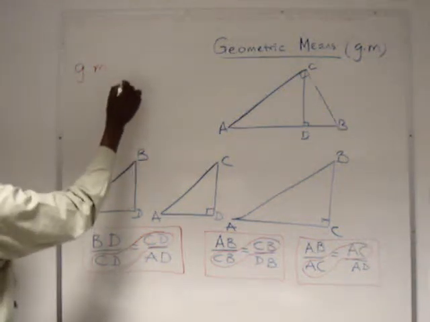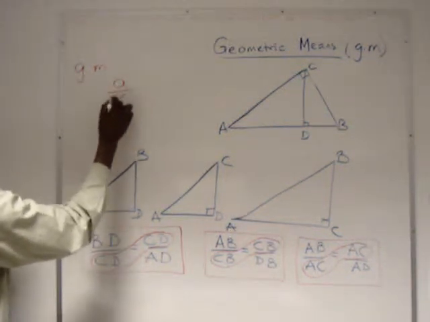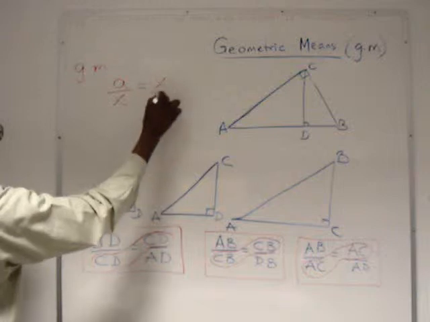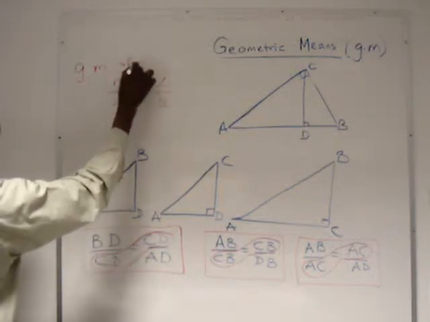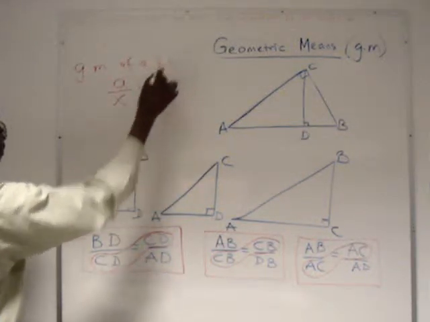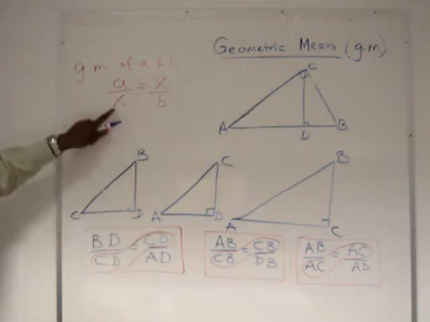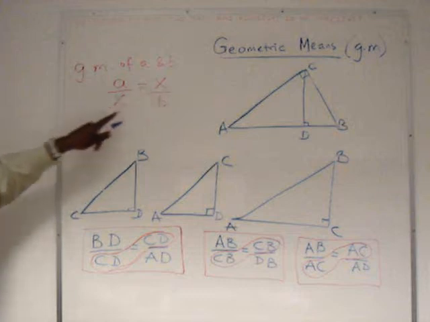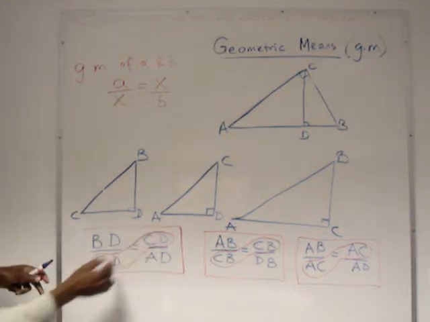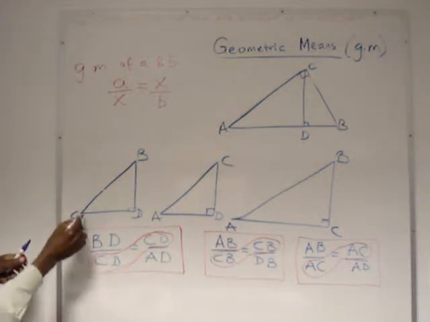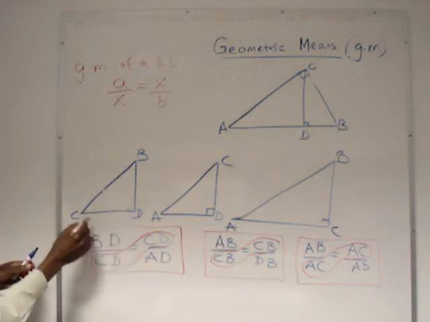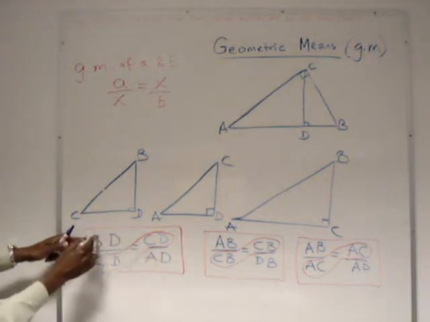If we say it's x, the geometric mean of A and B being x, and that x is defined by that. So this suggests something to you. In fact, it's telling you that CD is the geometric mean of these two.